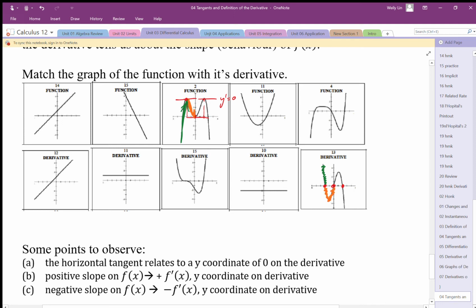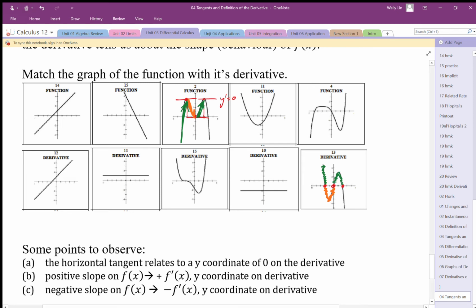That means the slope is negative, and that matches. Over here, I have positive slope. Through this section, all that section that had positive slope gave me positive y coordinates.